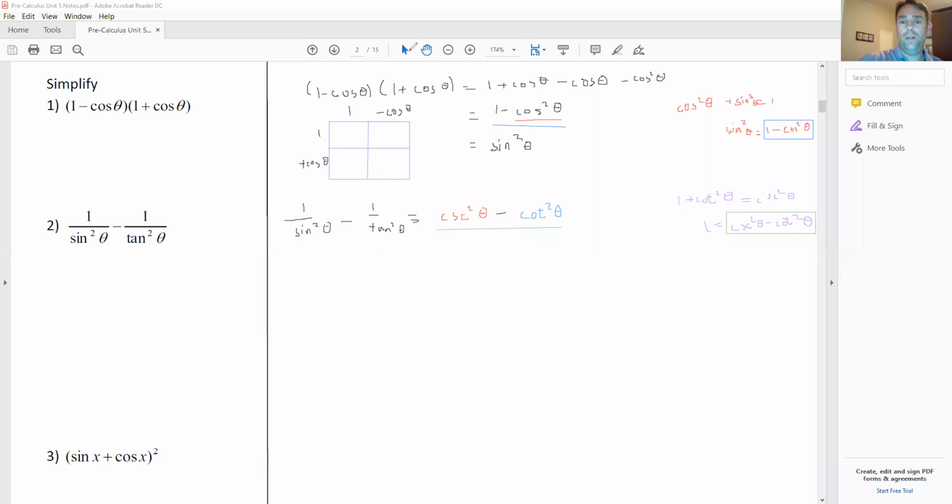Turns out this whole thing right here is equal to 1. And I'll be honest, they're not a whole lot simpler than 1. That's about as simple as it gets. So on these simplifying ones, all we're trying to do is just go as far as we can until we can't go any further.